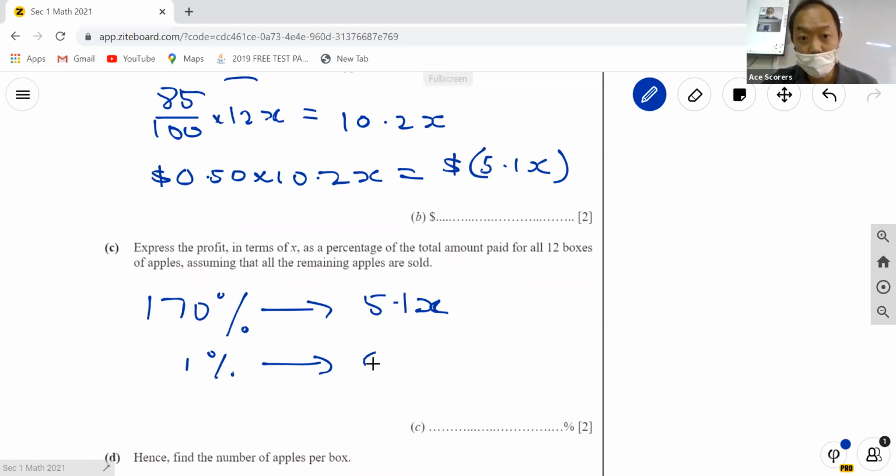So 1% is 0.03x, and 100%, the amount of money that she spent, is 100 times 0.03x, so it's 3x. 3x is the 100%.